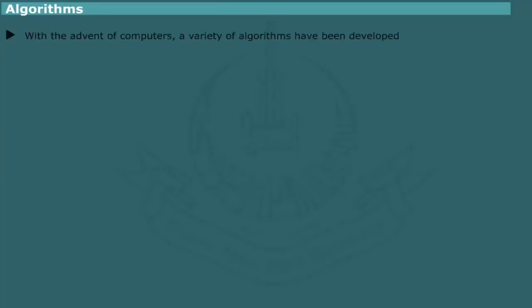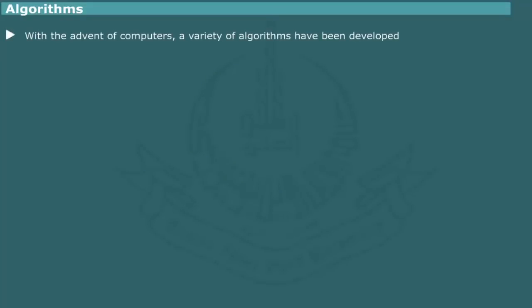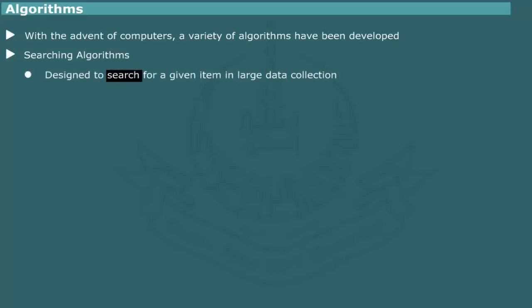Algorithm types. With the advent of computers in recent years, the need for appropriate algorithms for solving a variety of problems has sharply arisen. Some common types of algorithms and their uses are: searching algorithms are designed to search for a given data value in massive data collections.